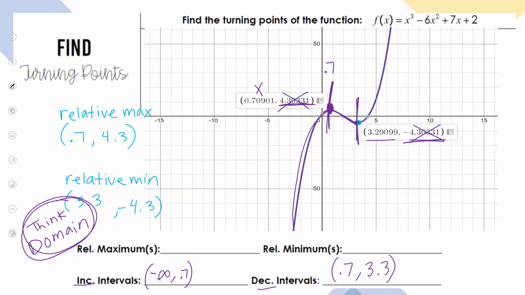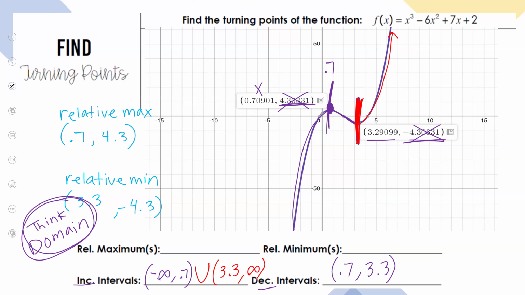It's increasing again. So I'm going to put a little union symbol, and it's increasing again from this x value, and then it goes forever to the right. It's going this way to the right. So that is 3.3 to infinity, since it's going to the right forever. That's how you do increasing and decreasing.